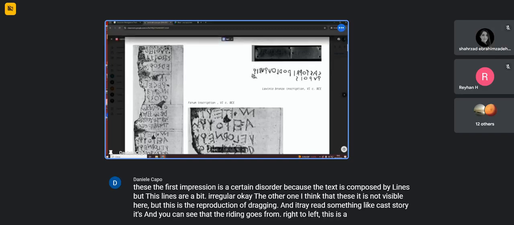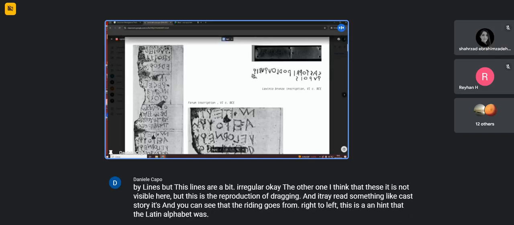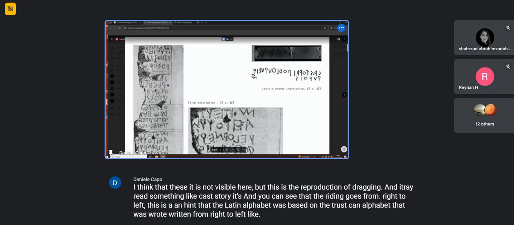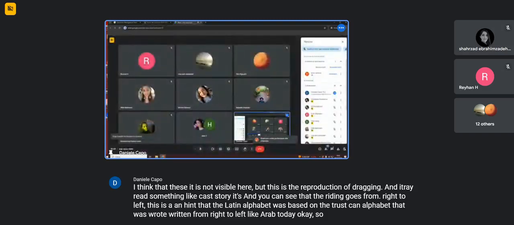This is a hint that the Latin alphabet was based on the Etruscan alphabet, which was written from right to left, like Arabic today.